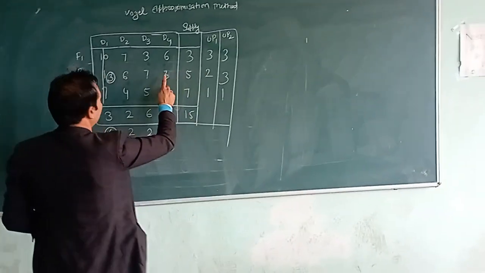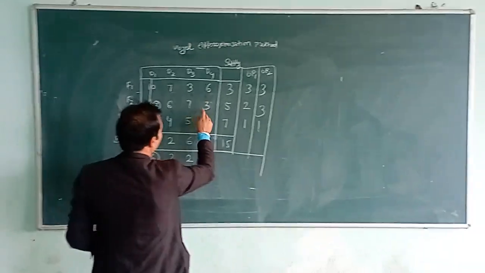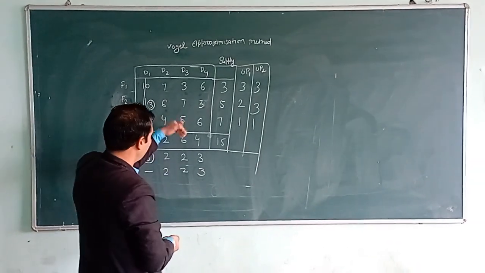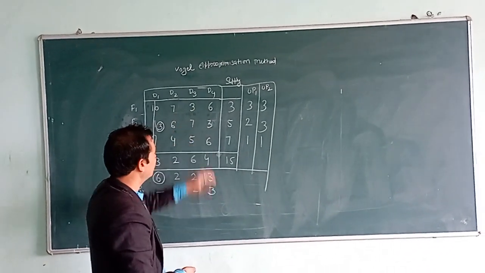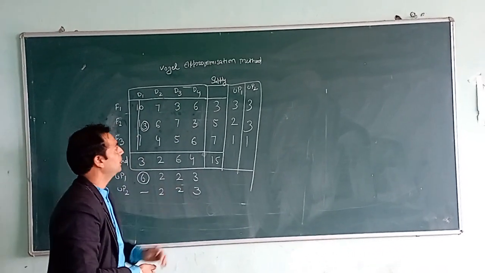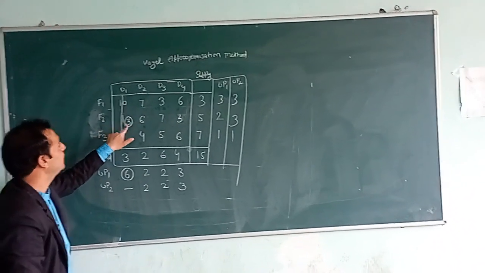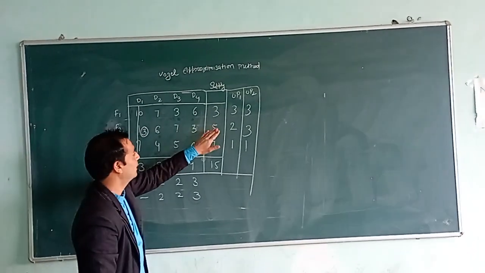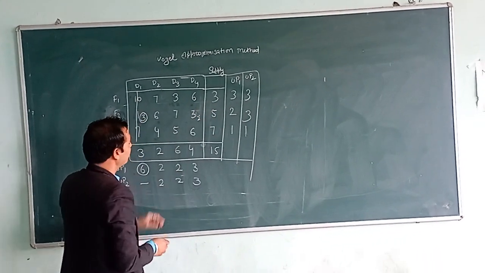When we consider the minimum element 3, we select that value where we can allocate the maximum, because here supply is 5 and we have already given 3, so only 2 balance supply remains.